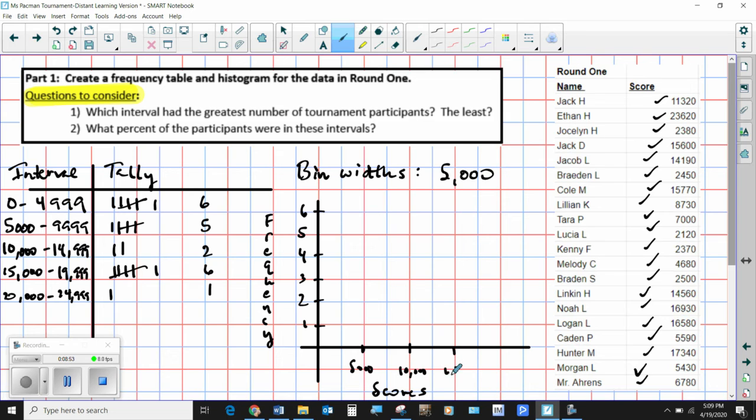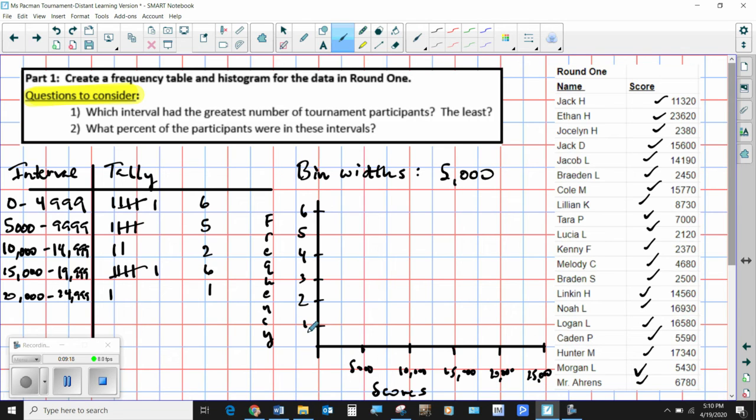This would be the 15,000. Now, I'm going to run out of space. Oh, maybe not. 20,000. But I have no intention of finishing this. Let's slide this over to there. Move this up a little bit. And this one would be your 25,000, right?